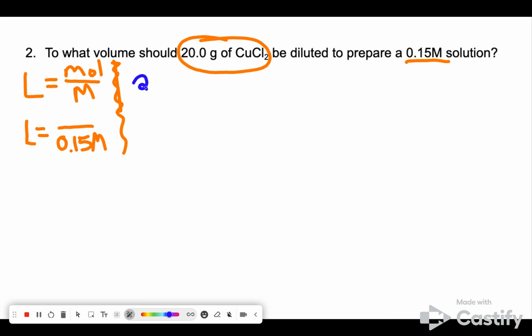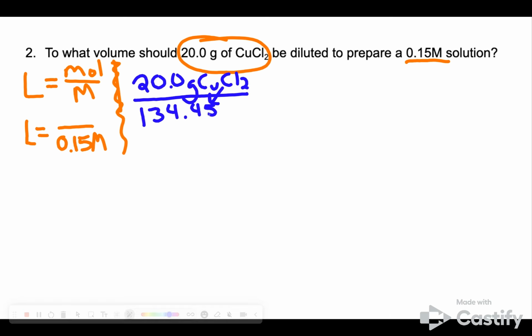If I start with 20.0 grams of CuCl2, I divide it by the molar mass. Because I use copper chloride again, you all should secretly celebrate. This is going to be 134.45 grams per mole.